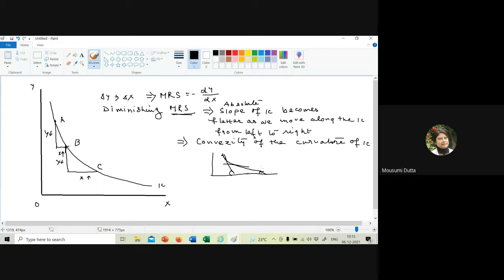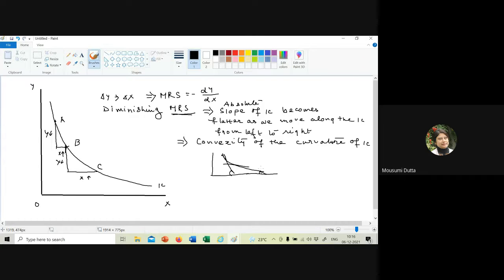If I reduce consumption of one commodity by this amount, what amount of the other commodity will keep me on the same indifference curve, and thereby the two bundles A and B will be indifferent to me. I'm indifferent between A and B because both points are lying on the same indifference curve.